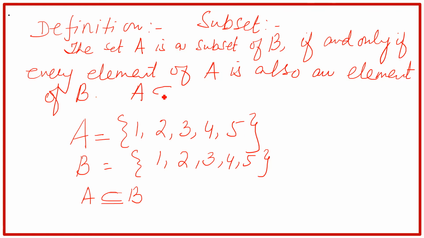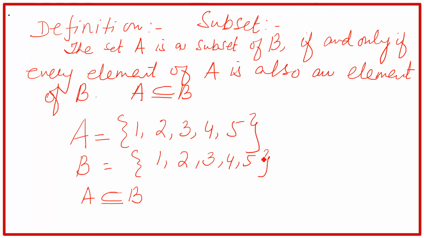A subset. Write this line, subset of B. So simple. The set A is a subset of B, right? A subset of B if and only if every element of A is also an element of B.